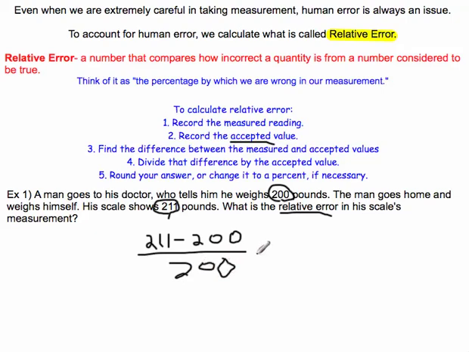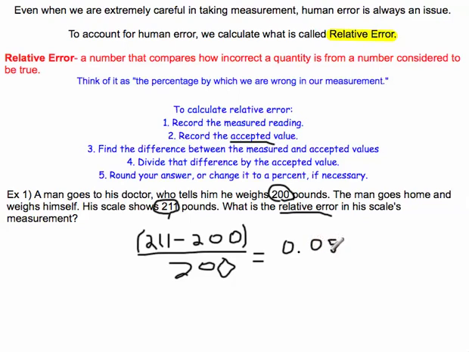So you do this in one step in your calculator. If you enter it in the calculator, make sure you're putting parentheses around the 211 minus the 200. Now I'm going to do that in my calculator. What you end up with when you divide 211 minus 200 by 200 is 0.055.